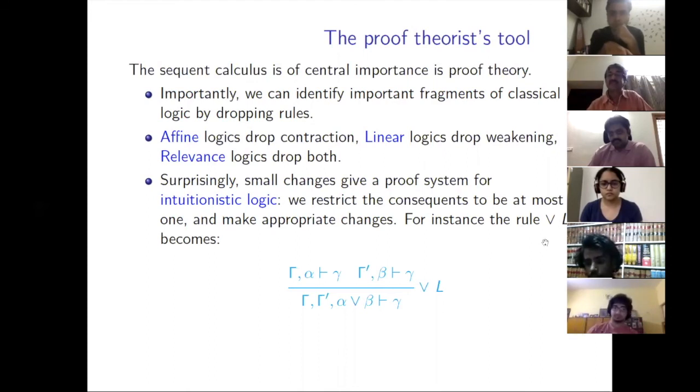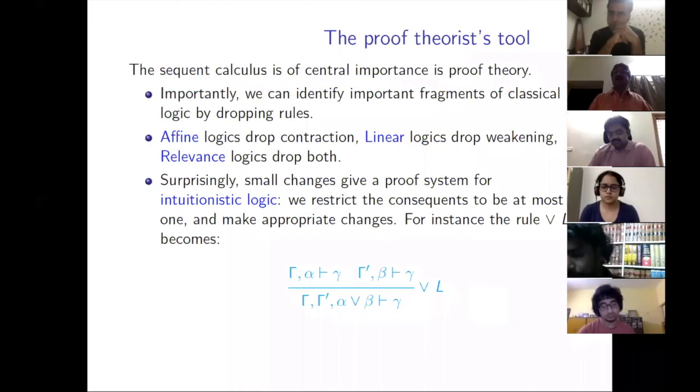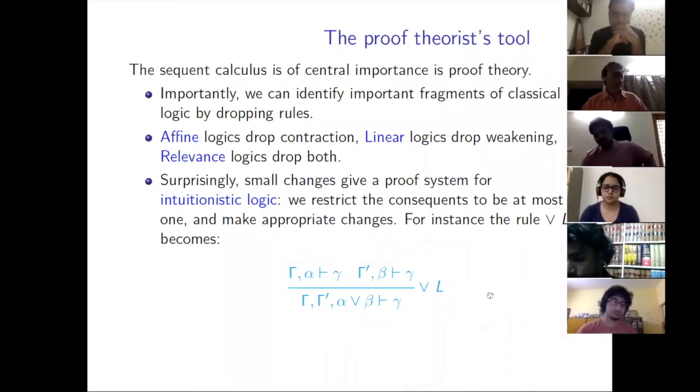So, for instance, the OR left rule becomes, well, you have alpha here and you have derived gamma, I mean, forget the delta. And all the rules are completely straightforward. And then you can actually show that alpha or not alpha is not provable.